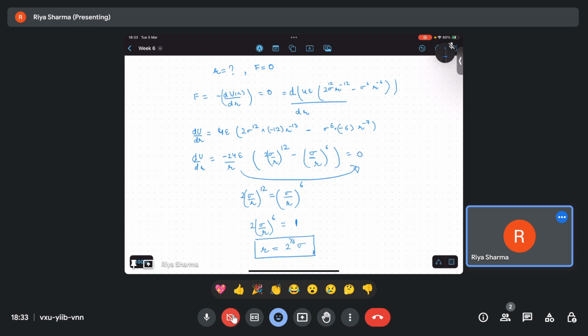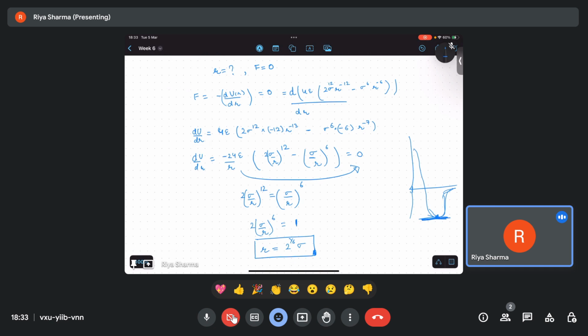This you should always remember, that there will be one point. If you want to see that mathematically, it is the point where du by dr is zero, the minimum potential.